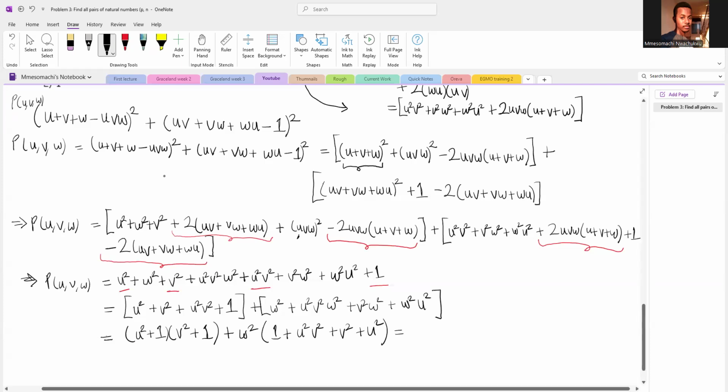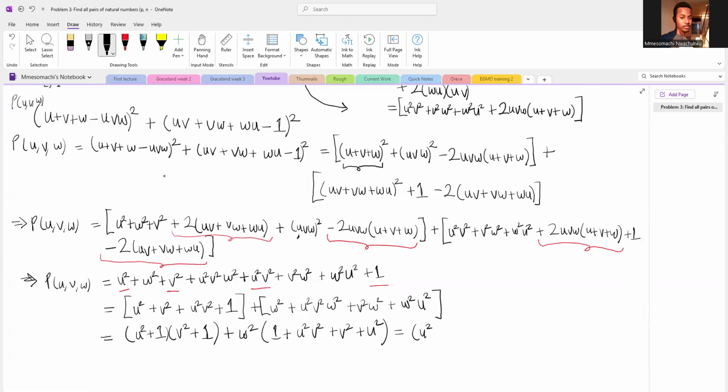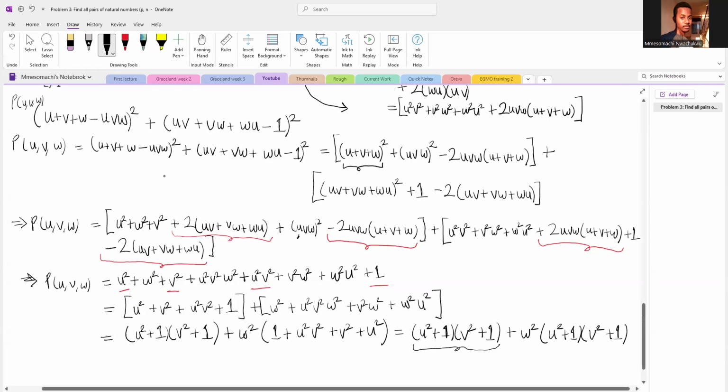So this is going to be equal to (U squared plus 1)(V squared plus 1), and then plus W squared into (U squared plus 1)(V squared plus 1). Okay, so here we have this term and this term as common terms.